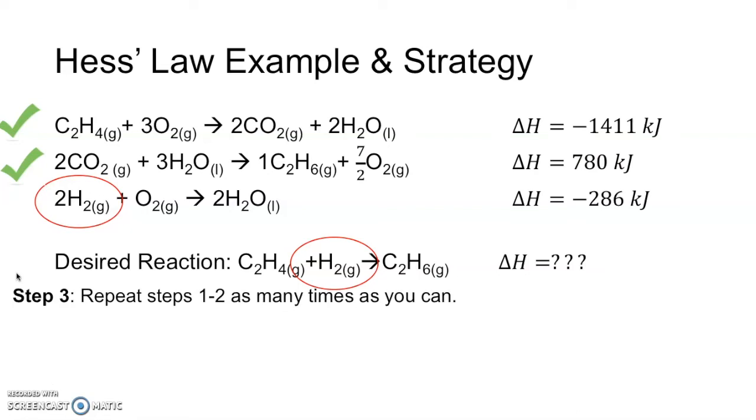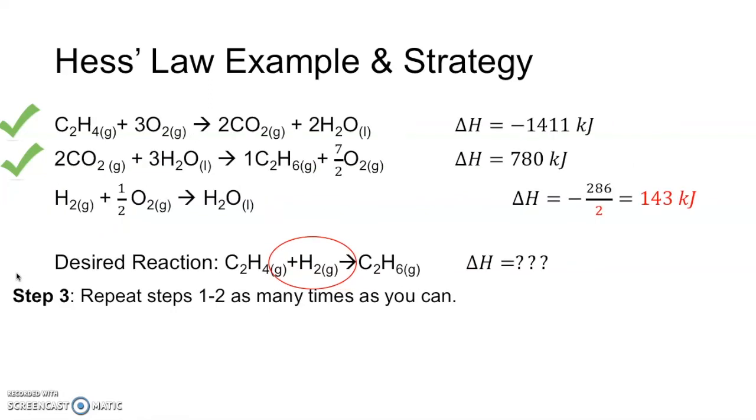Now we have to check for the location and check for the coefficient. Notice that in our desired reaction, the coefficient is 1 and it's on the left side of the reaction. The coefficient in the reaction that we're given is 2, but it's also on the left side of the reaction. So the location is good, but the coefficient is wrong. How do we adjust this?